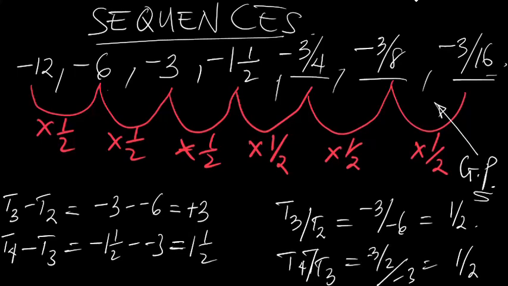For geometric progression, the common ratio might be a fraction or an integer. But for this case, it's a fraction that we're using to multiply. So that is it.